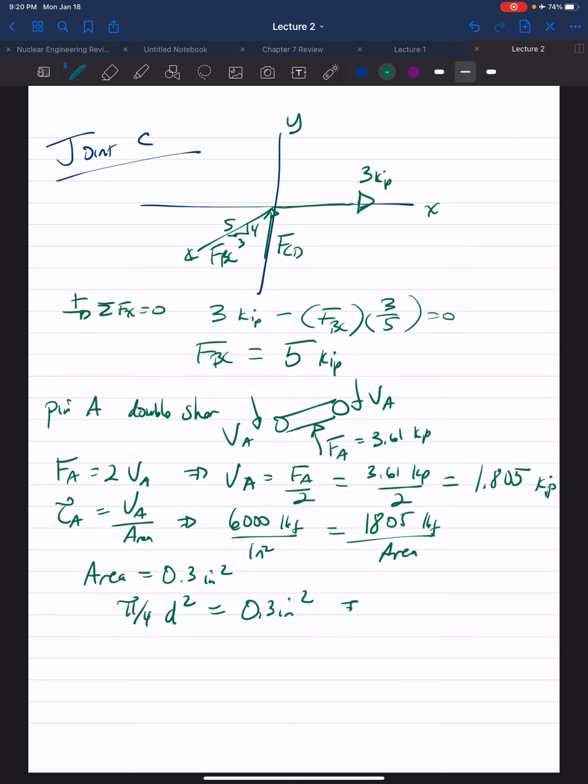So D is equal to 0.619 inches. They want the nearest 16th inch, so you can round it up. For pin A, the diameter of pin A is 5/8 inches.